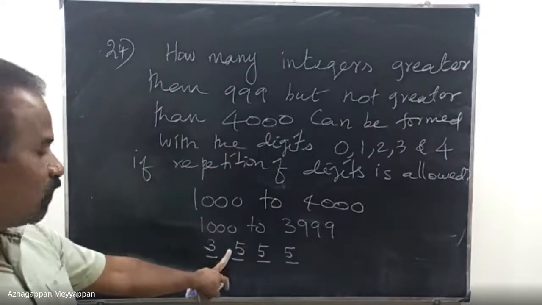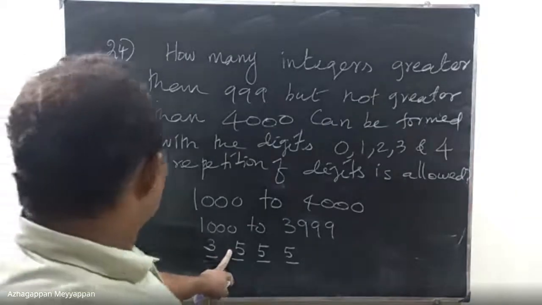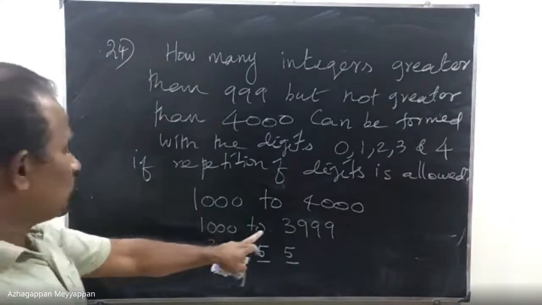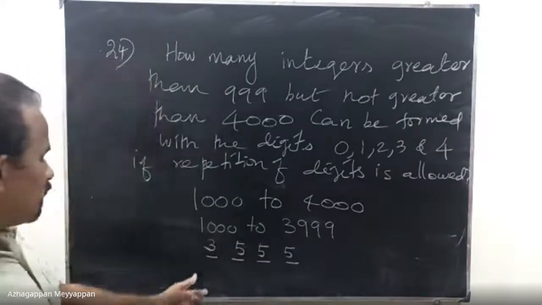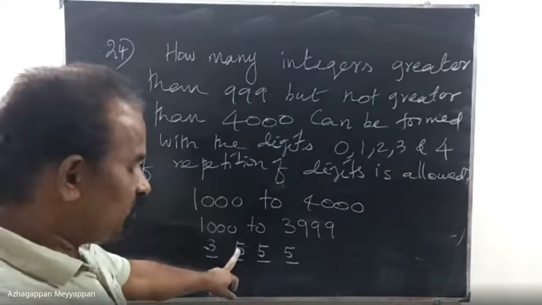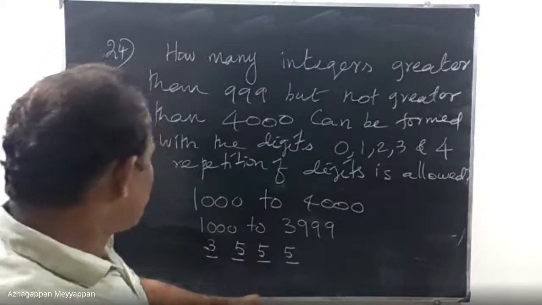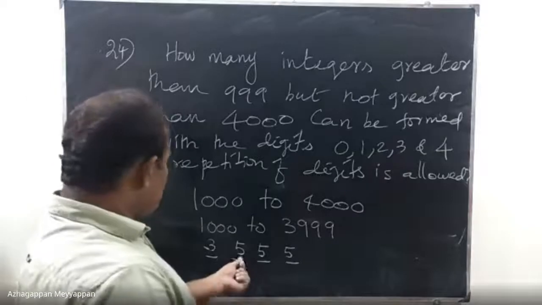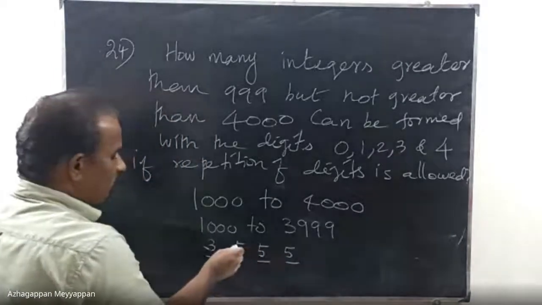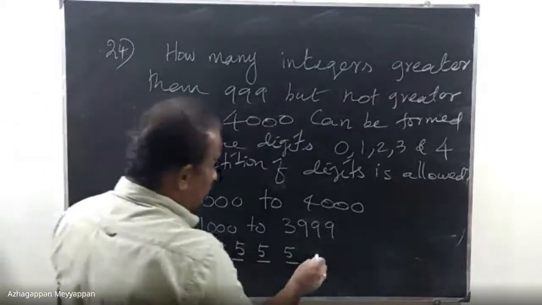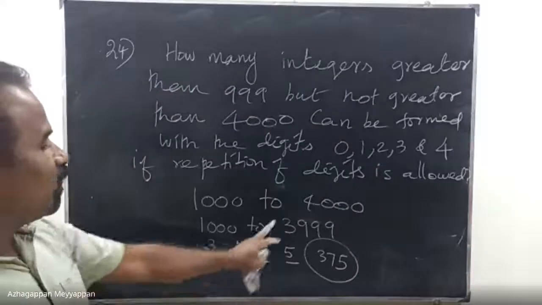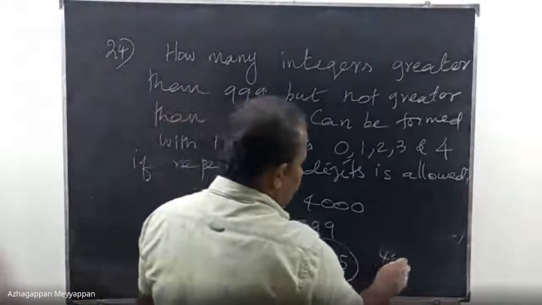So here for 1000 to 3999, 4 digit numbers, we have 3 here, 5 here, 5 here, 5 here. So totally 3 into 5 into 5 into 5, which is 375 numbers. And one more number, 4000.